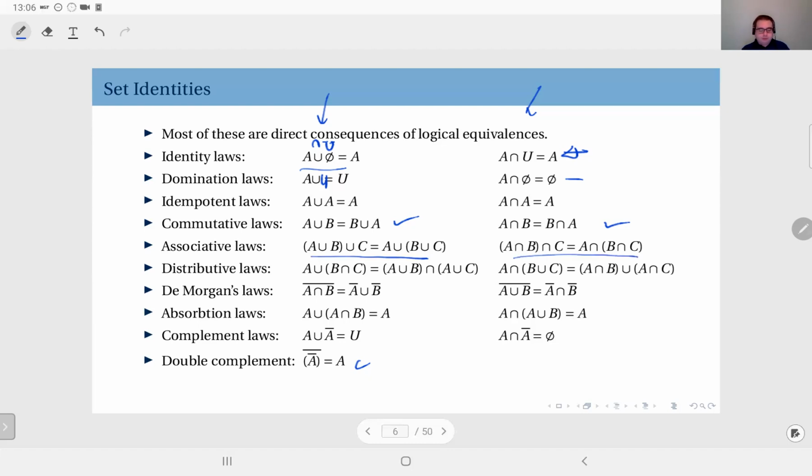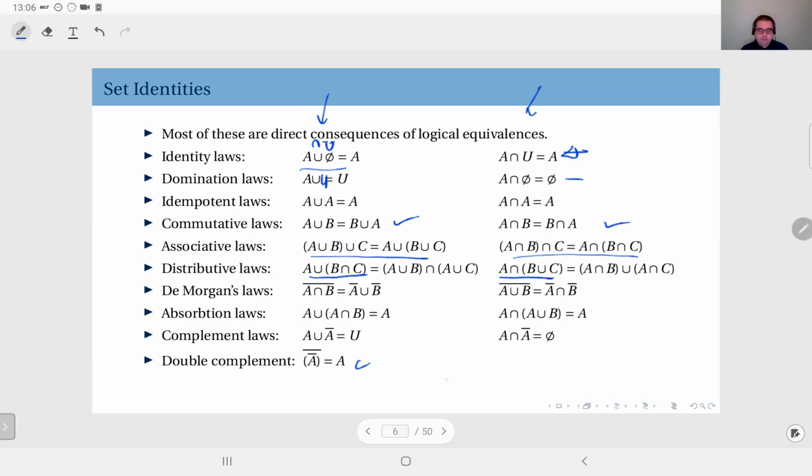We have distributive laws. Here, bear in mind, both of them distribute over the other. So here, union distributes over intersection, and on the right-hand side, intersection distributes over union also. This is a little bit different than distribution in just arithmetic.